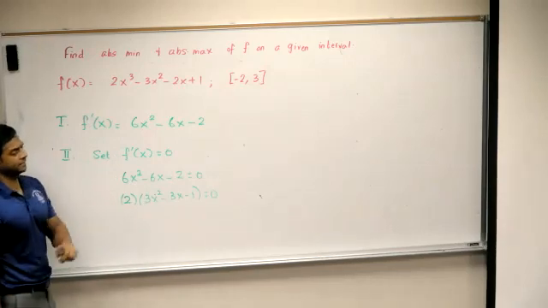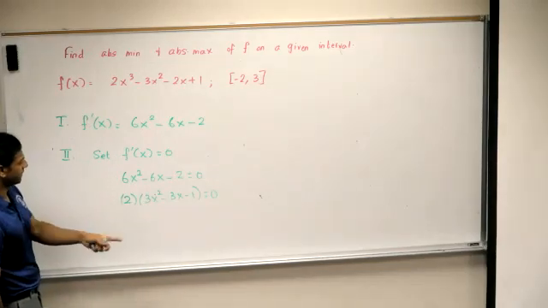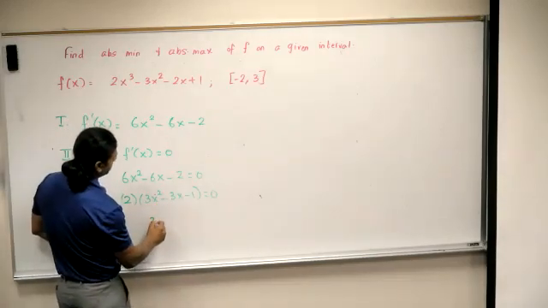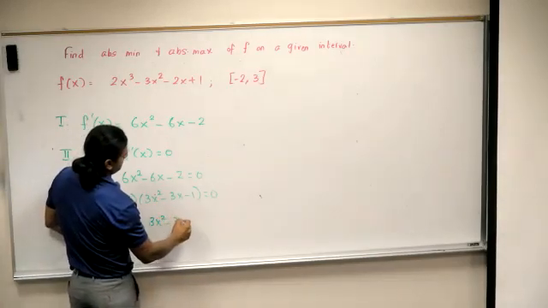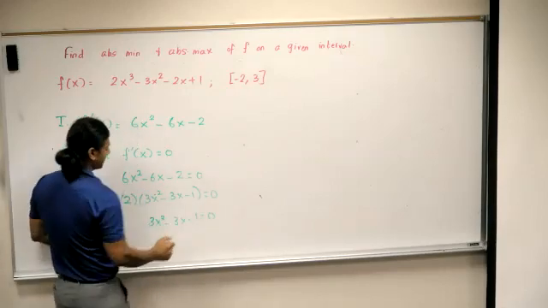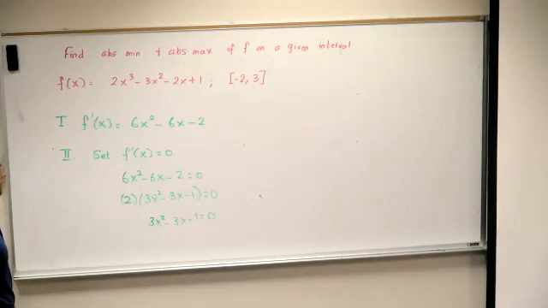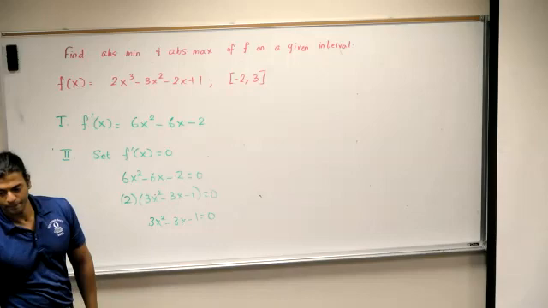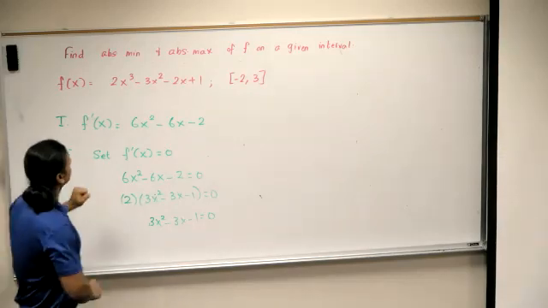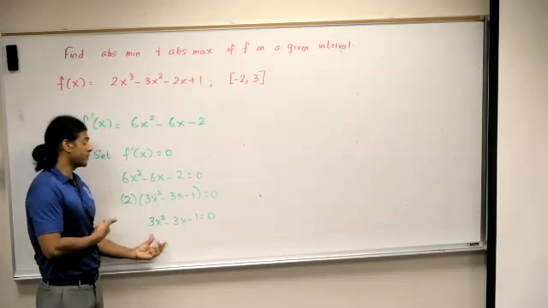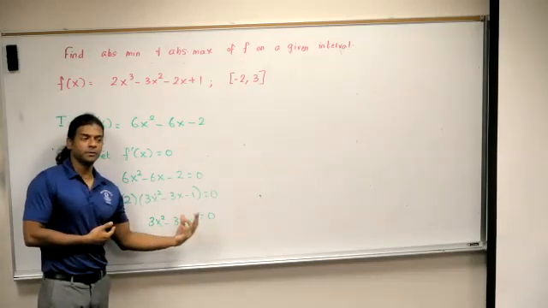It's better to take the like terms out before we proceed, so divide by 2 on both sides. And we'd end up having 3x squared minus 3x minus 1 equals 0.